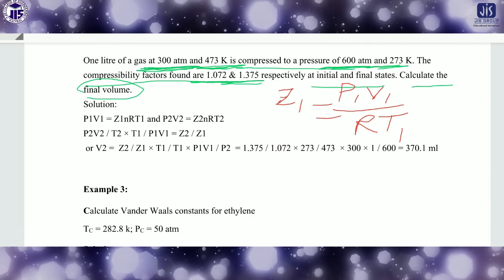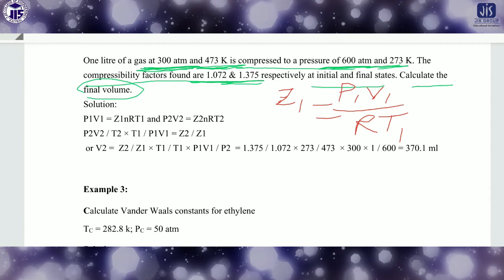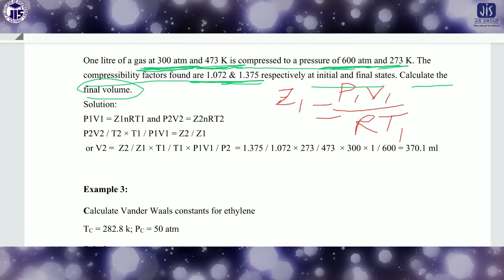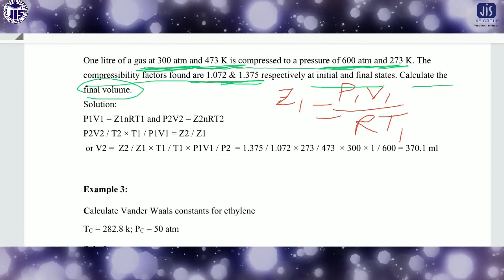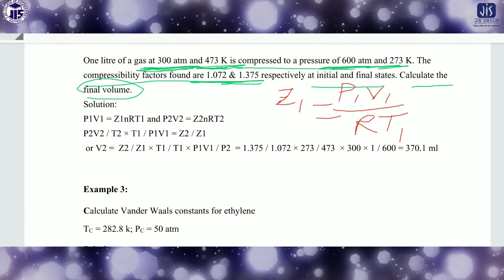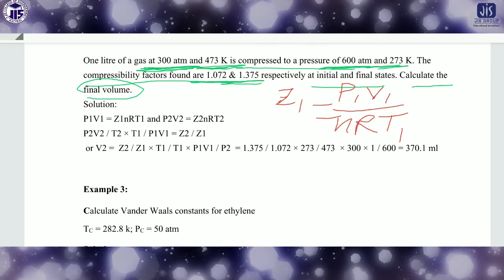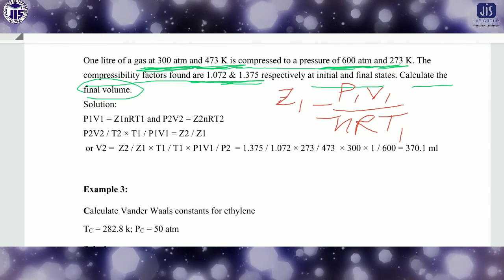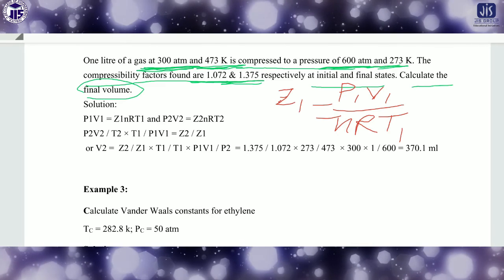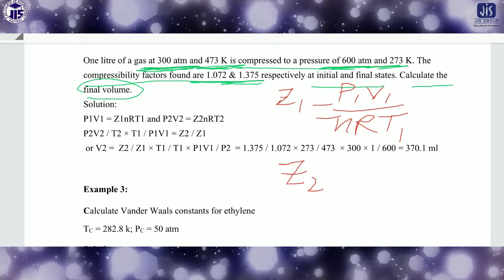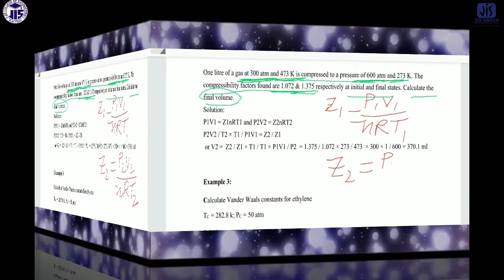In the same way, since 1 liter of a gas is given, here we have to consider n also. So z2 equals p2 v2 by nrt2.